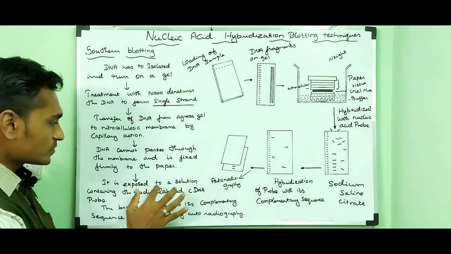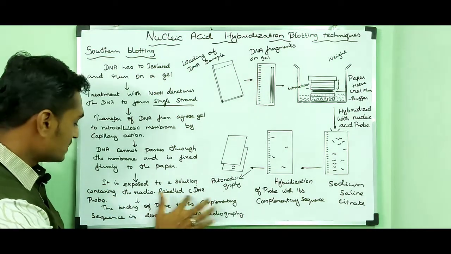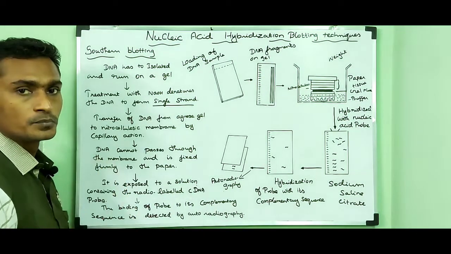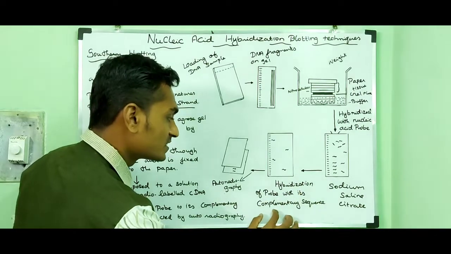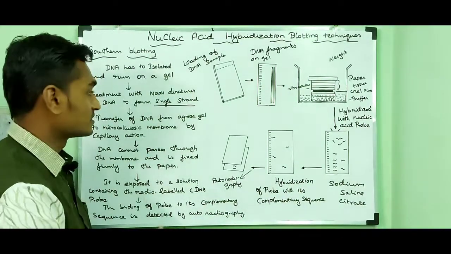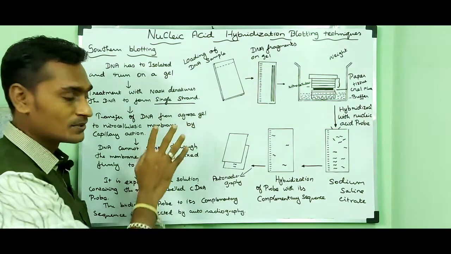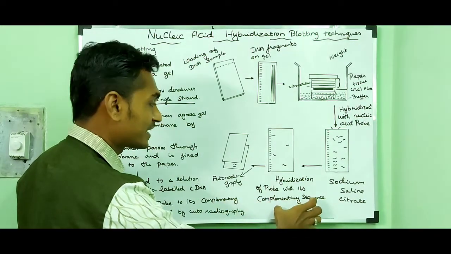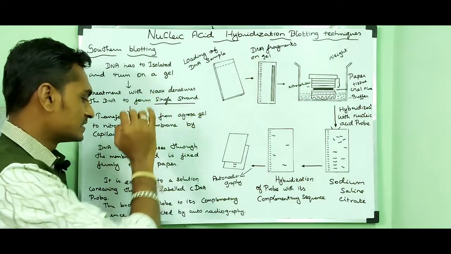Then it is exposed to a solution containing a radio-labeled complementary DNA probe, the hybridization probe with its complementary sequence. Here the DNA fragments are single stranded, so this complementary sequence can bind with the suitable single strand.